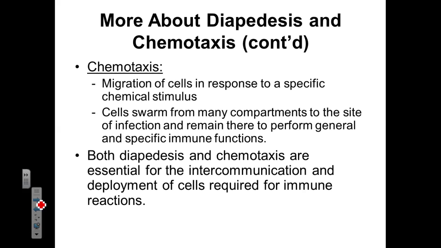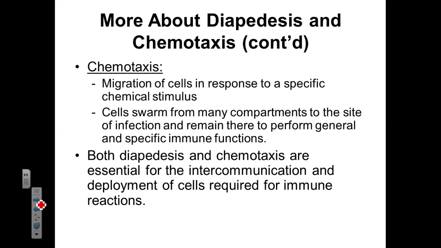After our white blood cells exit the bloodstream, they're going to move through our body's tissues, being powered by a process known as chemotaxis. During chemotaxis, the white blood cells will move from an area of low concentration of the stimulatory chemical to an area of high concentration of the stimulatory chemical.